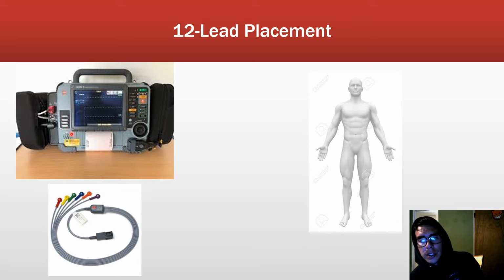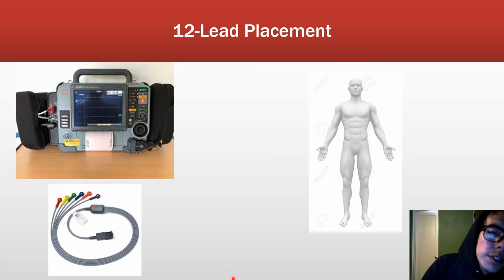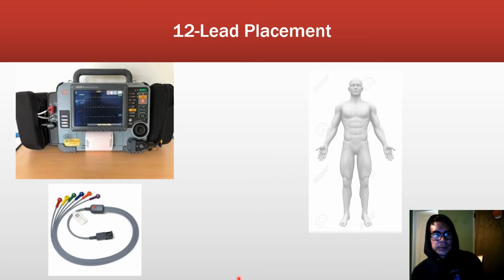With these, we have 6 different wires or electrodes, and they're referred to as the precordial leads. So there's V1, which means vector. V means vector, so there's vector 1, vector 2, and it goes all the way from V1 through V6. So vector 1 through vector 6.